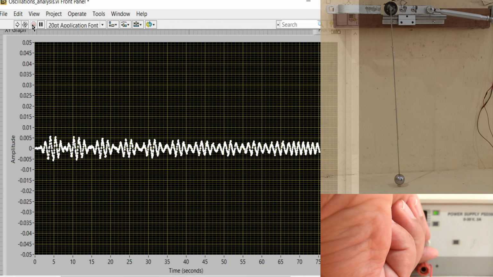Now we increase it further, let us say we keep it around 6.2.